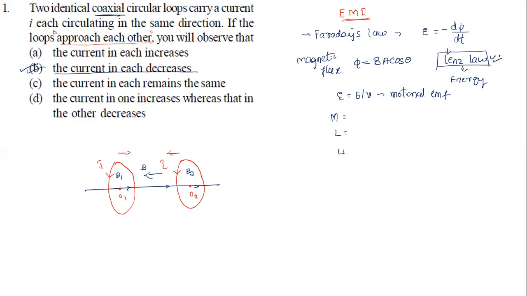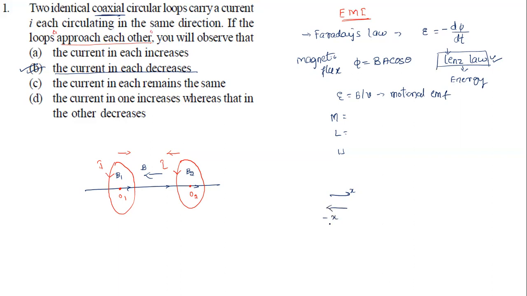Always remember one thing whenever you apply Lenz's law. This is very useful in the electromagnetic induction chapter. The induced EMF is always opposite to what is producing it. If the magnetic field is applied in the x direction, it produces an induced EMF, and the magnetic field due to the induced EMF will be in the negative x direction.